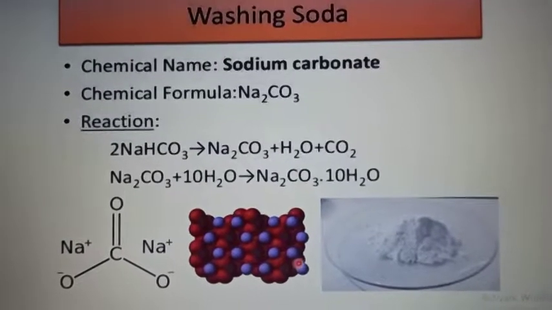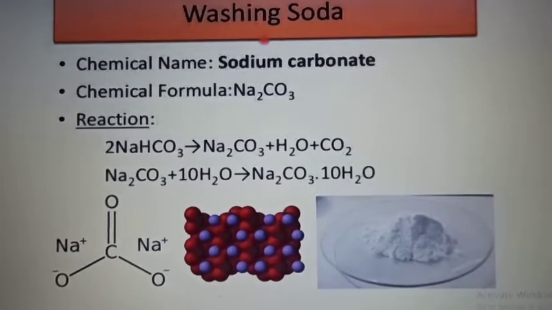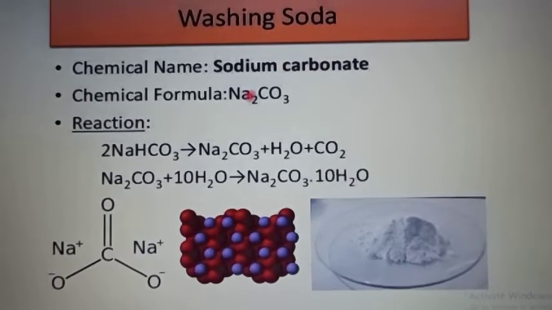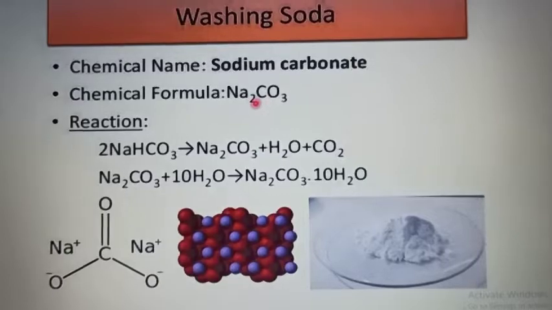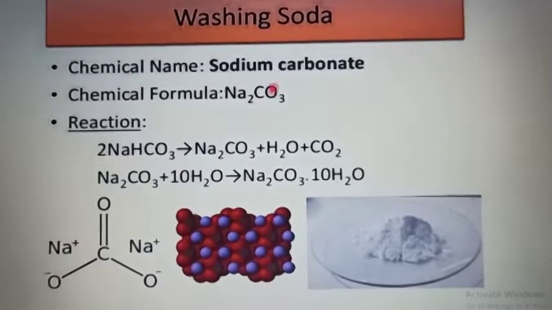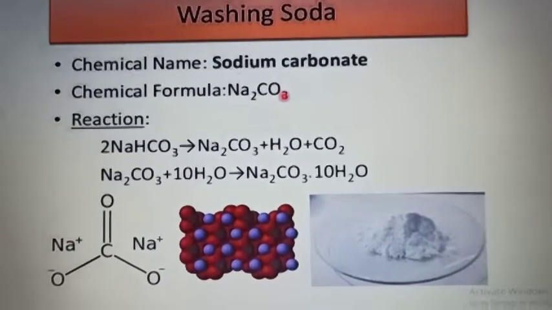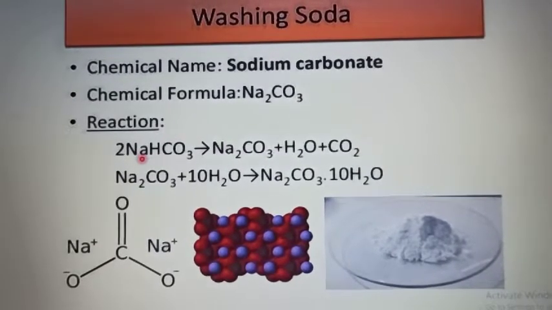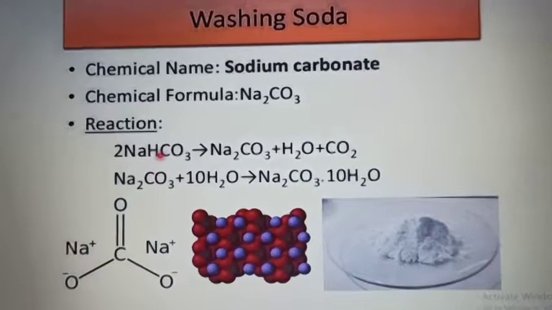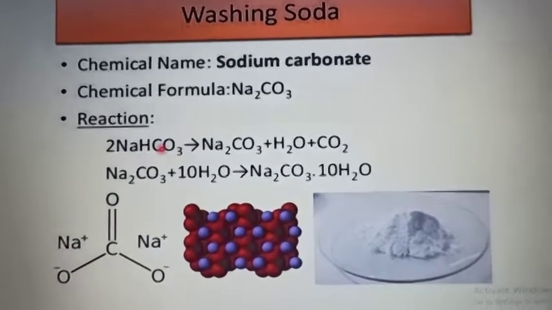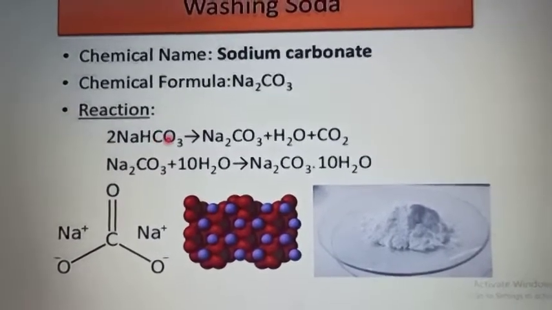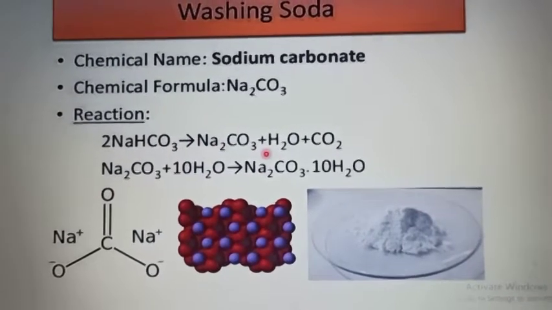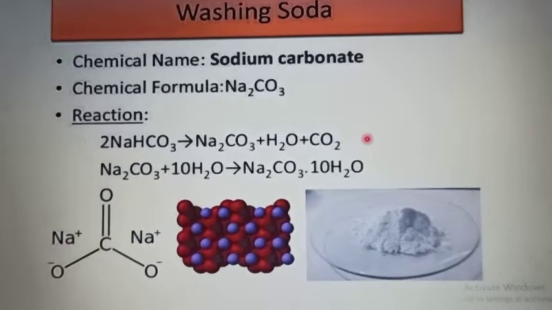Next salt is washing soda. Its chemical name is sodium carbonate and the formula is Na2CO3. And the reaction which takes place, you know that when sodium hydrogen carbonate, or the baking soda, is heated, it produces sodium carbonate plus H2O plus carbon dioxide.